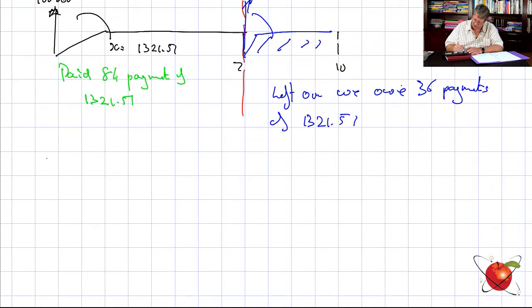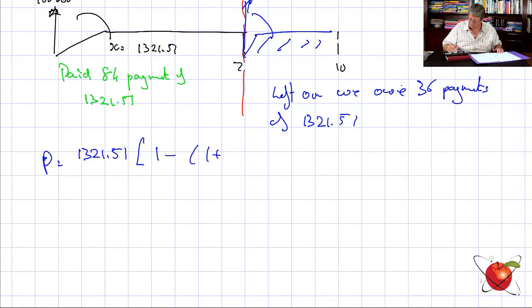Let's see. So P is going to be equal to X. We're still paying 1321.51, and it's the present value, so it's 1 minus 1 plus 0.1 over 12 to the minus 36. There's 36 payments left, and that's over 0.1 divided by 12.